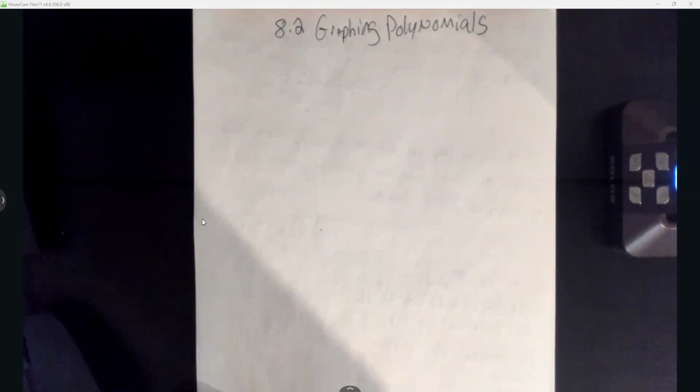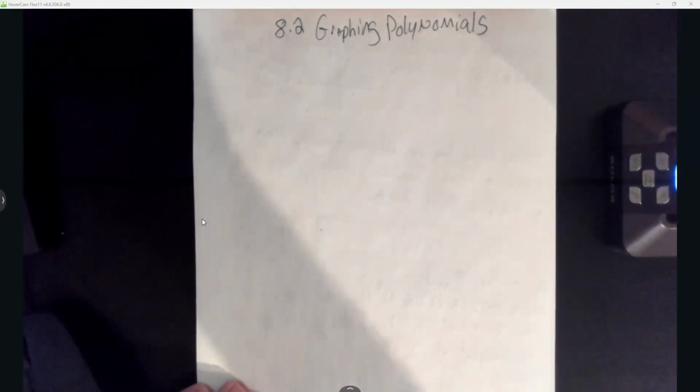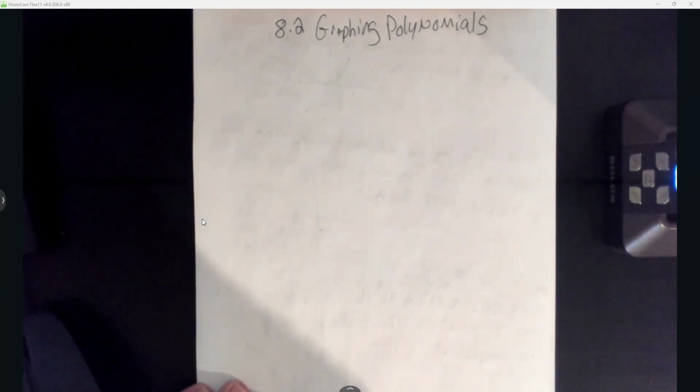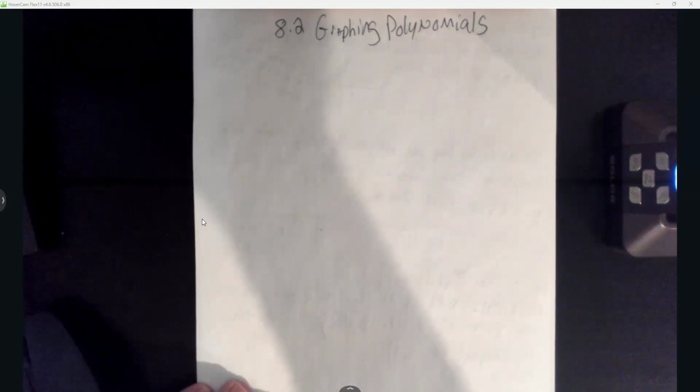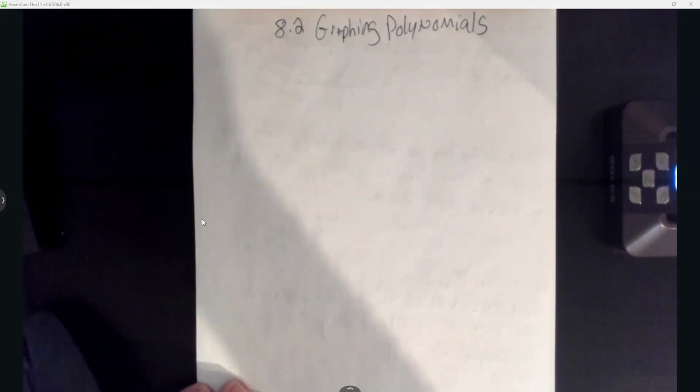Don't mean they got to have that many, but it's the maximum number they got, okay? And we're looking at real zeros, because sometimes they might have imaginary zeros instead of all real zeros. So that's why we just say a maximum, okay?